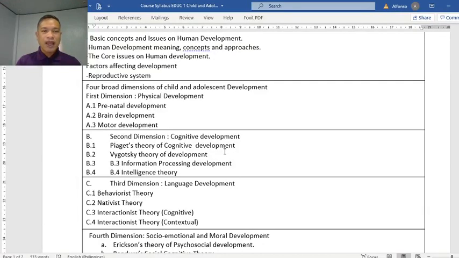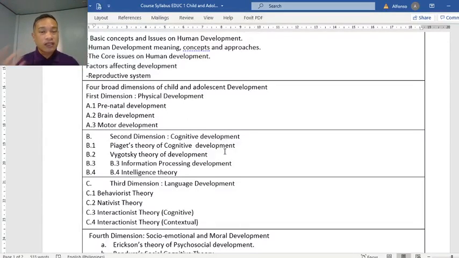Okay? So after the first dimension, which is the physical development, we also have to understand how cognition, or how the students think, develops. There is no better way of understanding that than by looking at how cognition is being developed.